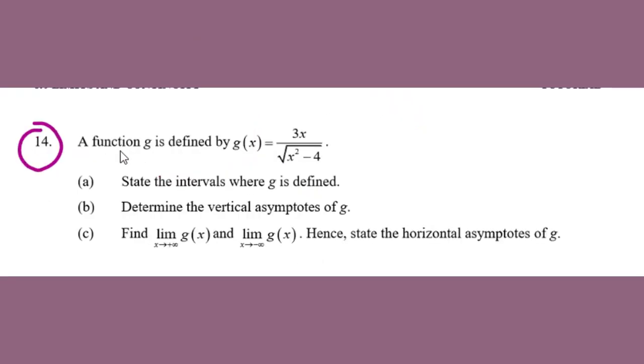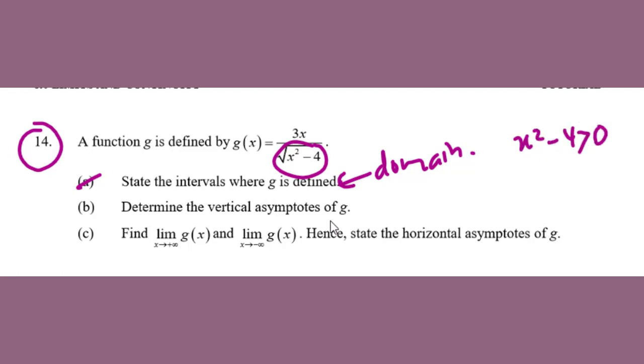Number 14: function g is defined by g of x equals 3x over the square root of x squared minus 4. Find the intervals where g is defined, the domain. The domain, of course, requires x squared minus 4 more than 0. Determine the vertical asymptotes of g: check the domain and check the x values excluded from the domain.